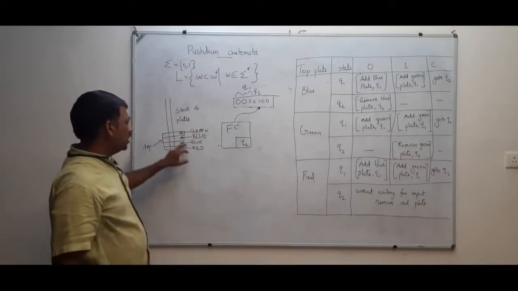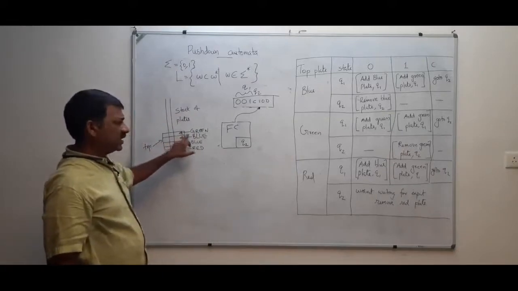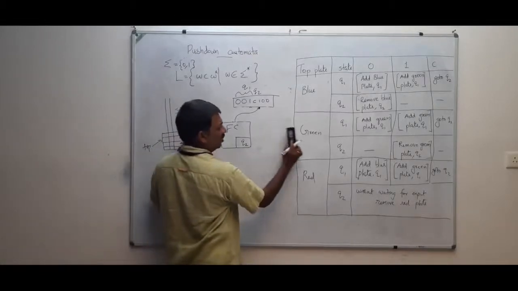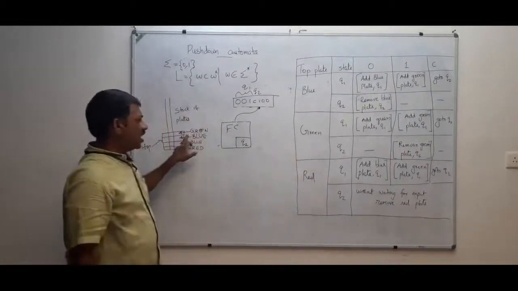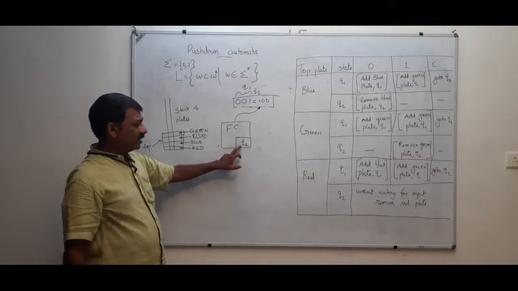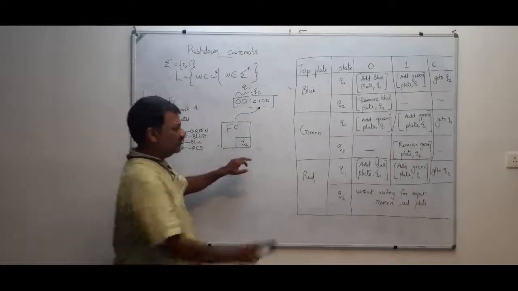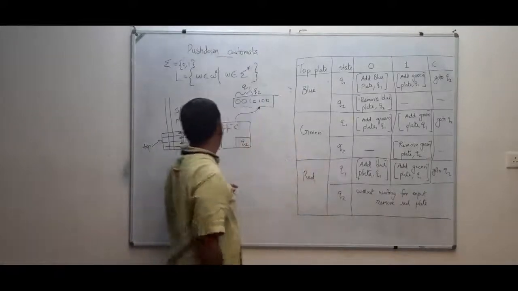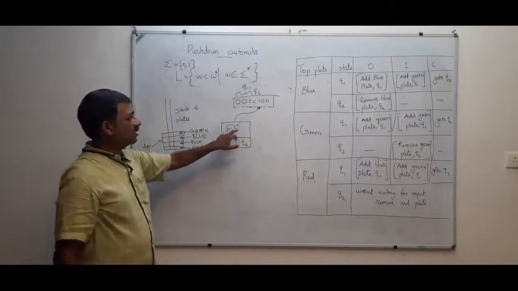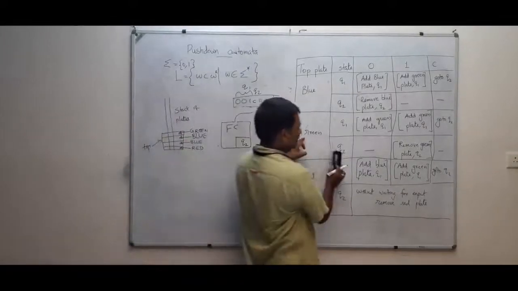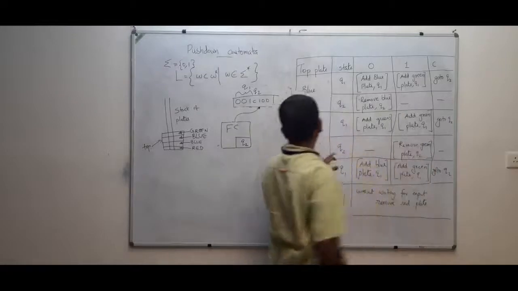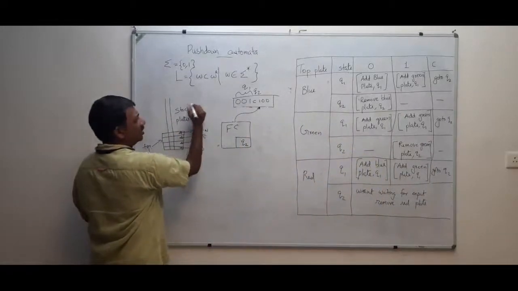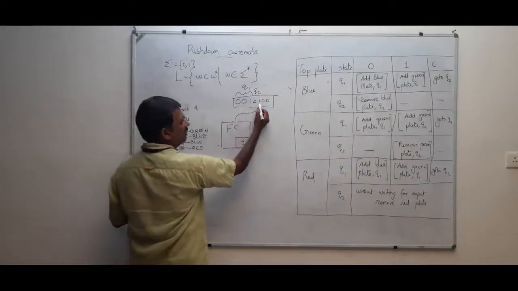That means if the current top is having green, this is the row corresponding to that, and if the current state is Q2, that means green, Q2 and 1. Here the string is 0, 0, 1, C, 1, 0, 0.